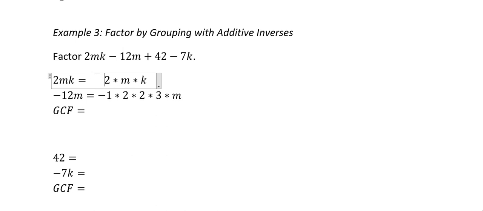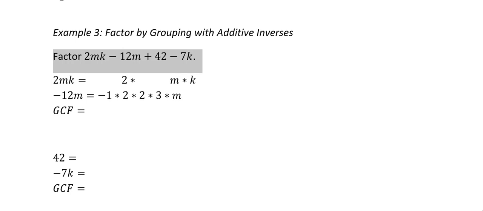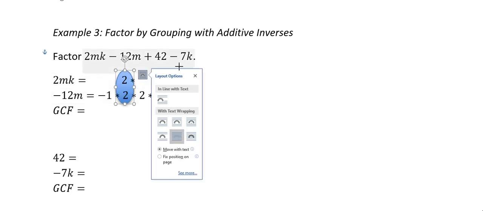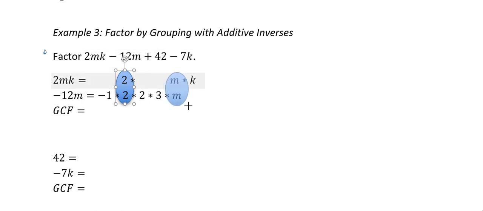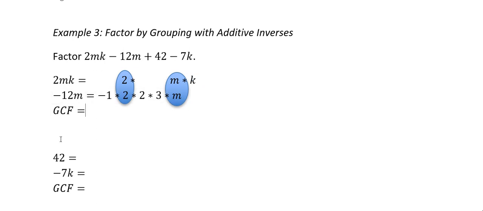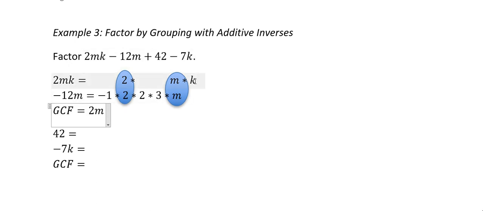I've got a 2 and an m. If I circle the 2 and the m, that will become my GCF, and I can see what's left over. So my GCF here will be 2m. My 2mk will have a k left over, and my 12m will have all these numbers left over.